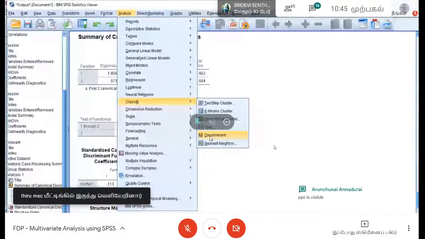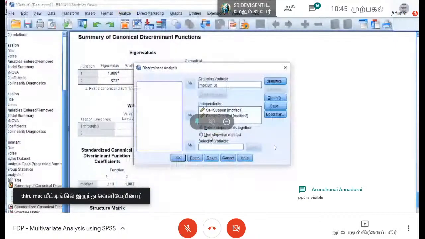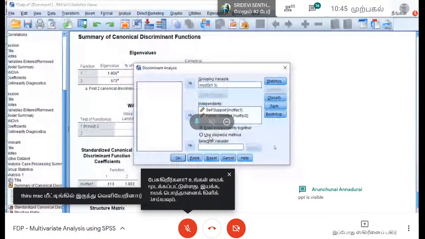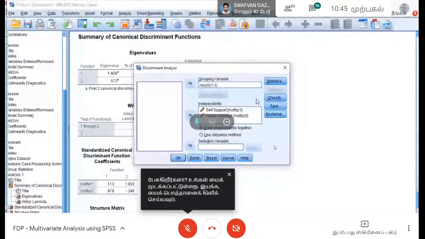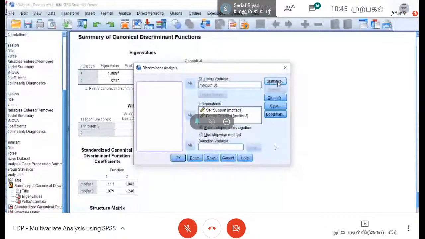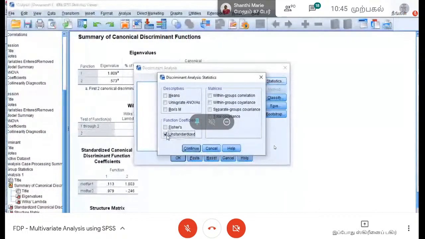Right, very good. In Statistics, first, I am going to use Function Coefficients, unstandardized. That is what I am going to use now.